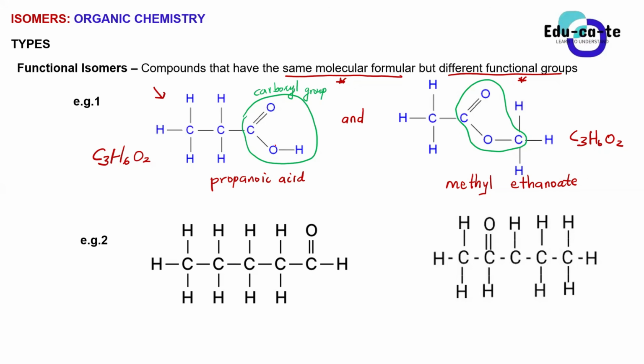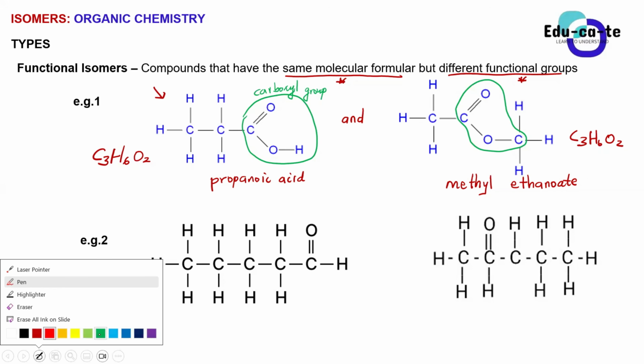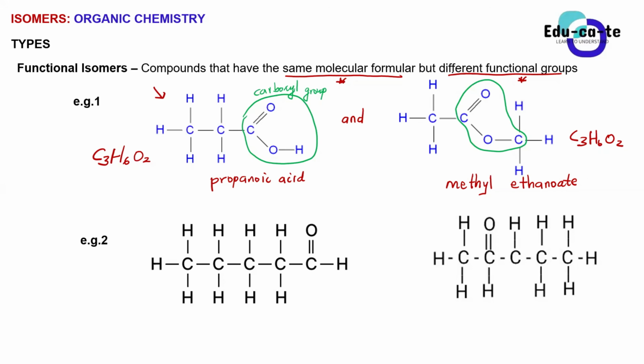Okay, are you guys together on that? Yes. Okay, so basically you can see that these are functional isomers of one another. They have the same molecular formula, but they've got different functional groups, or they belong to different homologous series. But when you define it in the exam, just say they've got different functional groups.